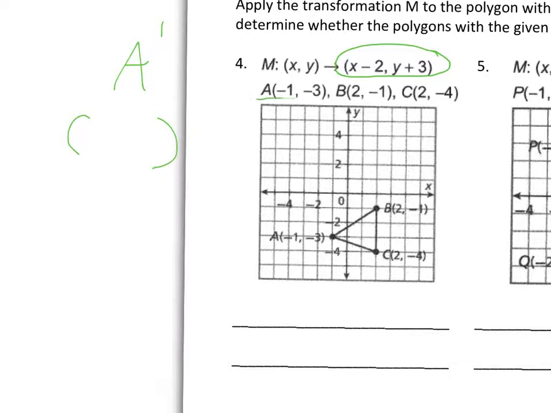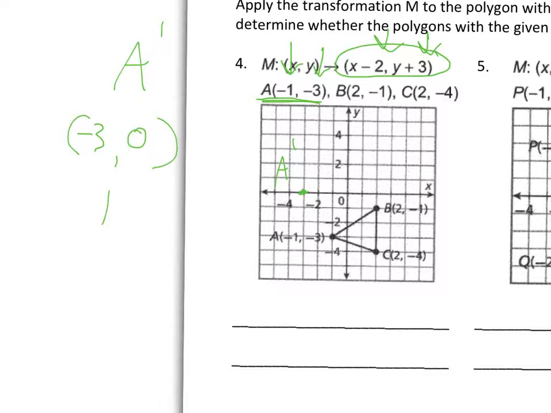So if we're doing A, we're looking at this point right here. So -1 minus 2 equals -3. -3 plus 3 is 0. So my image of A would be -3, 0, which would be right there.